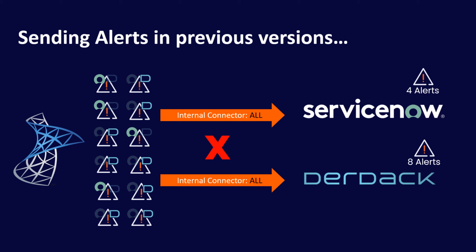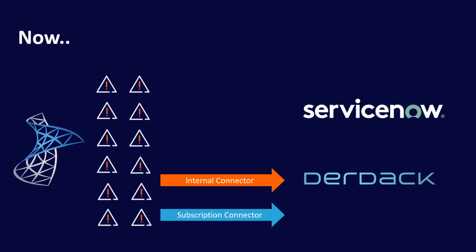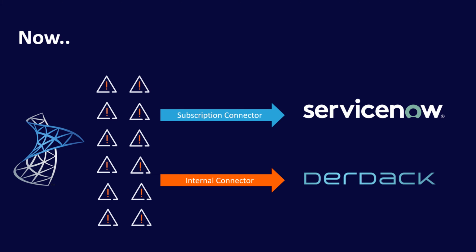So what have we done in AlertSync 2.1? Because obviously, SCOM isn't going to change the way it works. So now, in AlertSync 2.1, we have the option of creating an internal connector as before, but also now a subscription connector. These connectors work a lot more like notification channel connectors work to pull the alerts out of SCOM rather than the internal connectors.